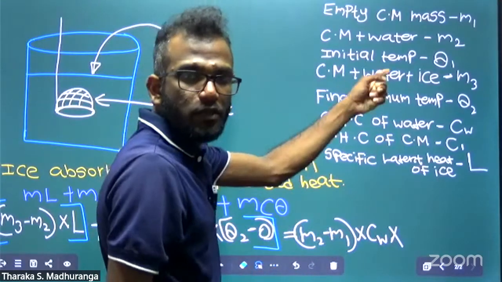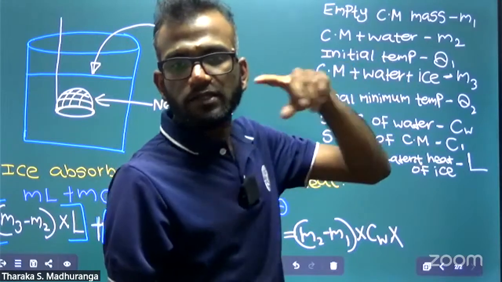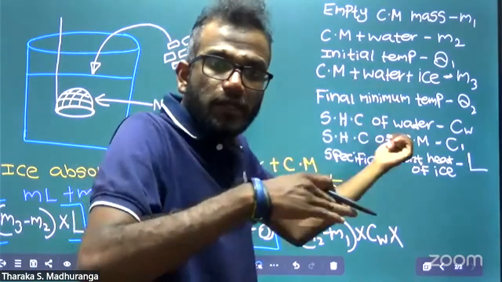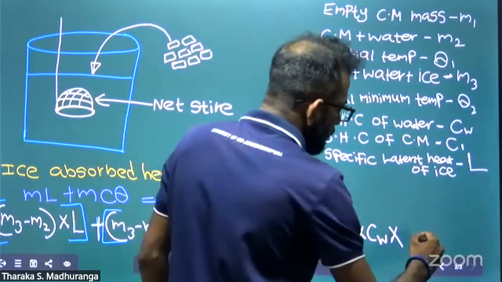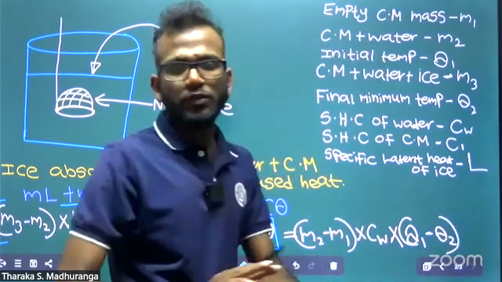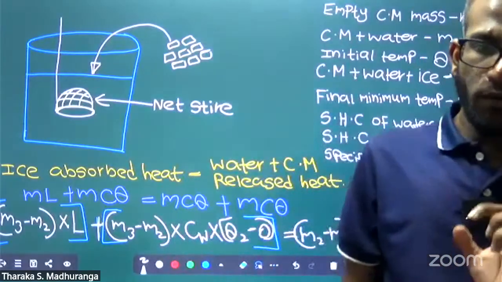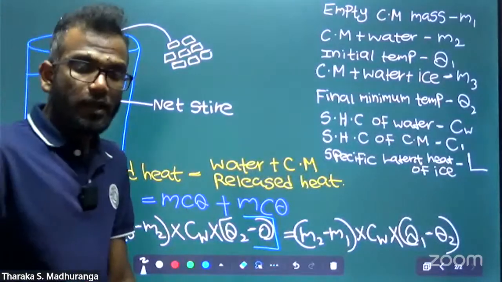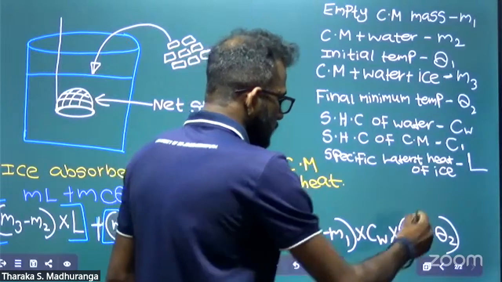The initial temperature is theta 1, the final temperature theta 2. Which one is higher? When we add ice, theta 1 is greater than theta 2, so theta 1 minus theta 2. You need to consider everything, otherwise you don't get marks. Understand every point mentioned in the practical, in case they ask a practical question in the exam.